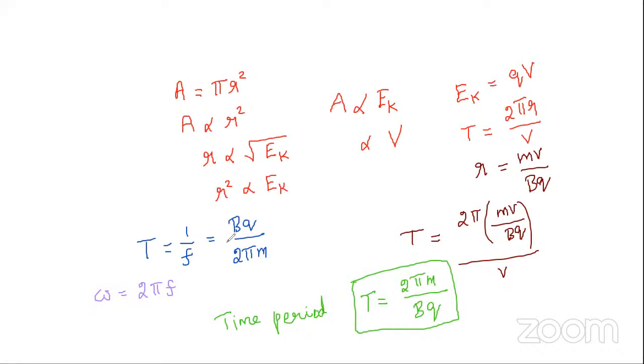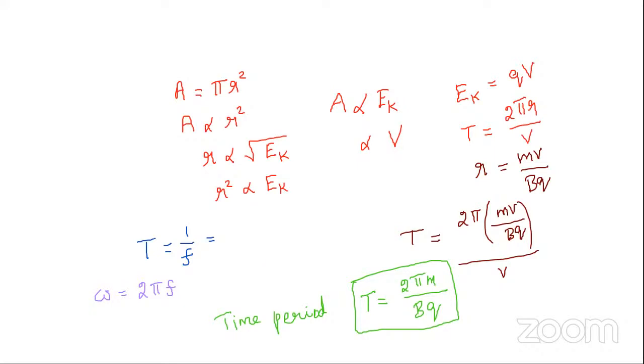This is actually T equal to 1 by f. So here the time period T equal to 2 pi m by BQ. So the frequency is actually BQ by 2 pi m. T equal to 1 by f, that means here you should put 1 by this 2 pi m by BQ.